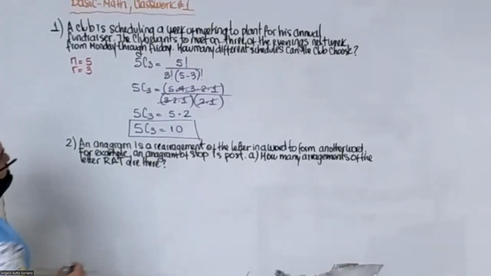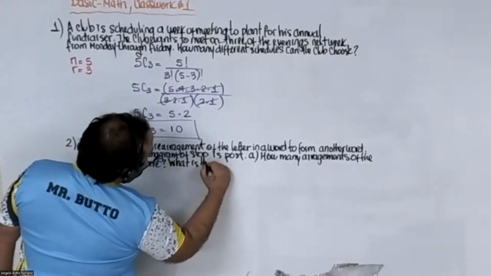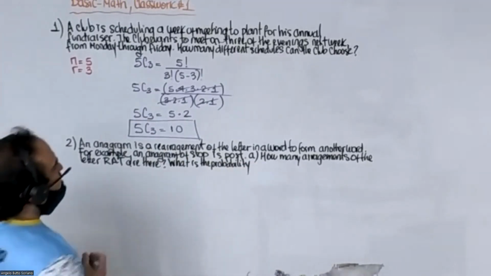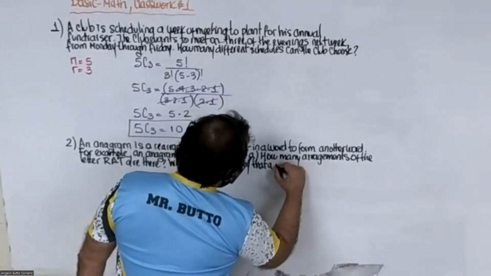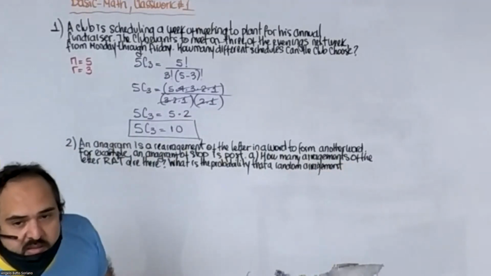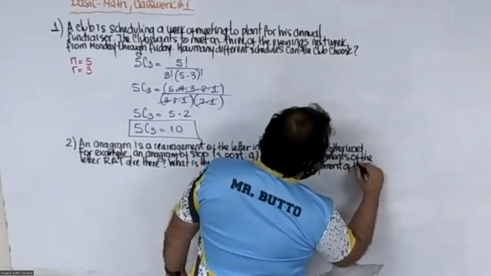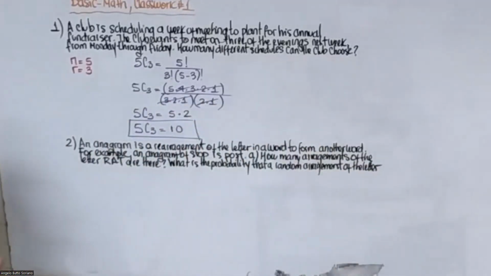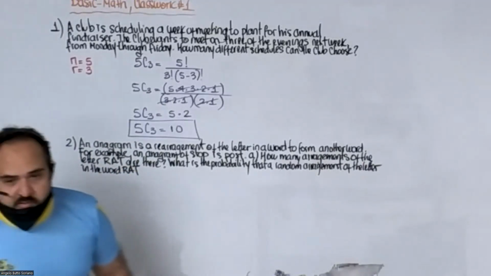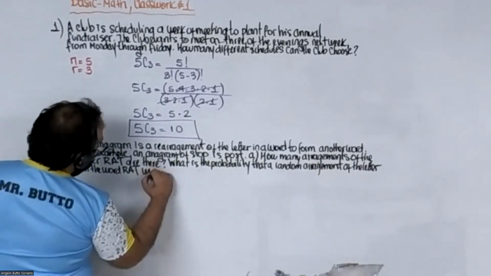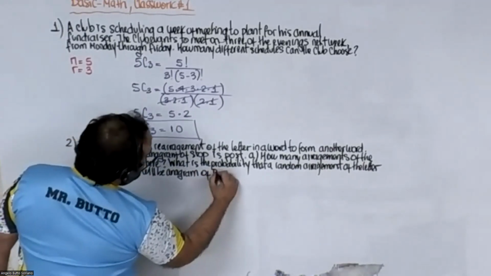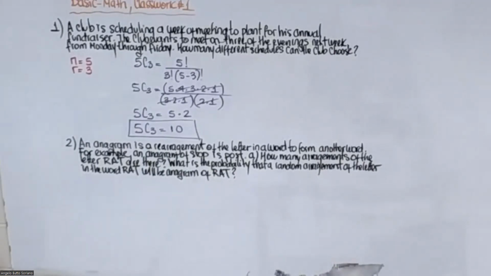And another one is, what is the probability that a random arrangement of the letters in the word rat will be an anagram of rat? Okay, that was problem number two.